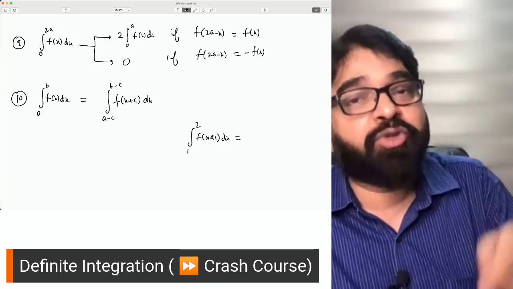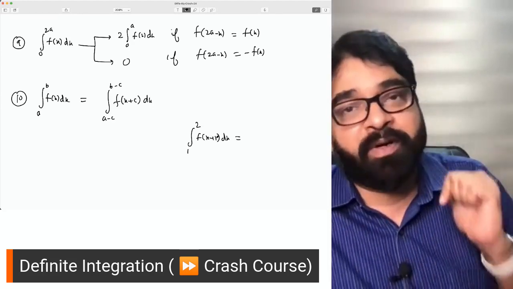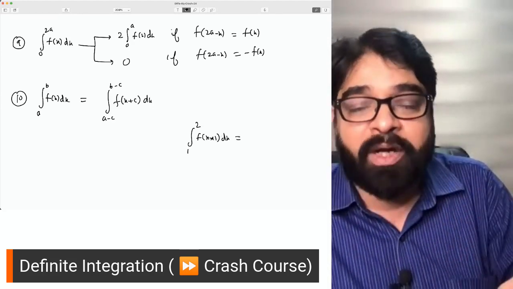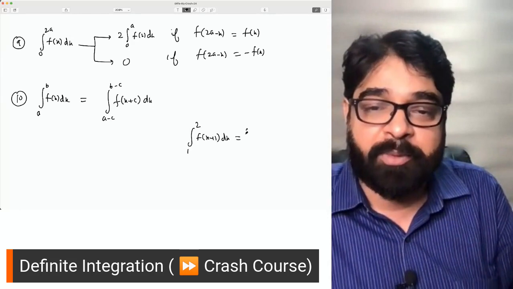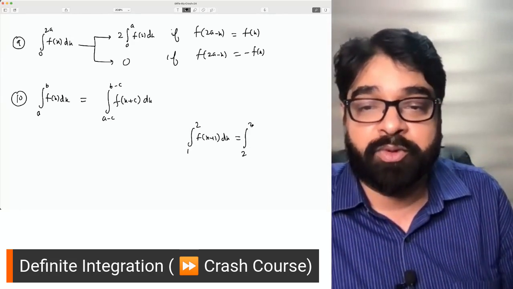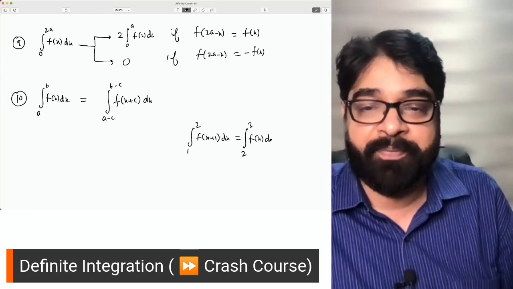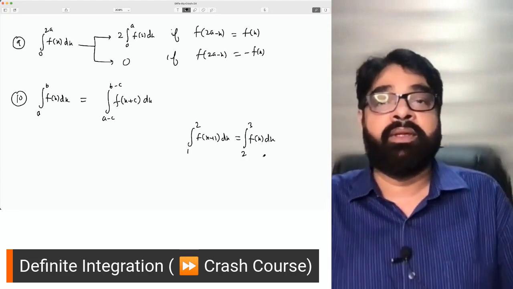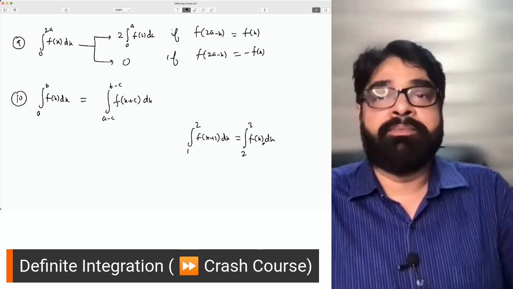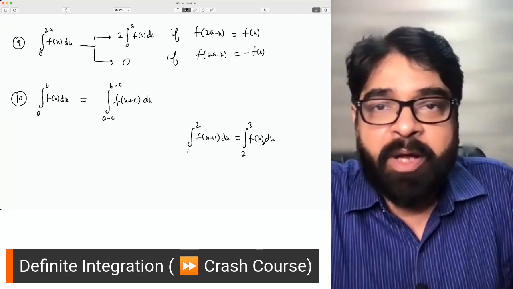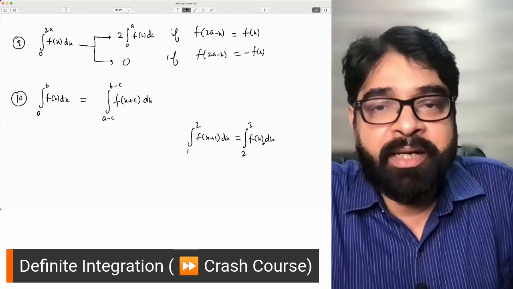Means in the x I want to subtract 1, then only this one will get cancelled. If you subtract 1 in the x, in the limit you have to add 1. So this will be the integral from 2 to 3 of f(x) dx. That's all. Have you understood my point? Is this clear?